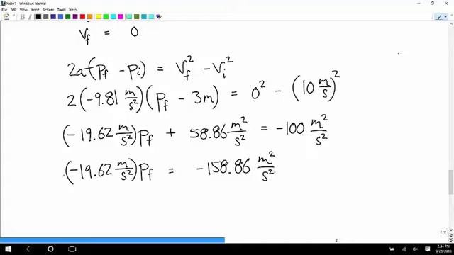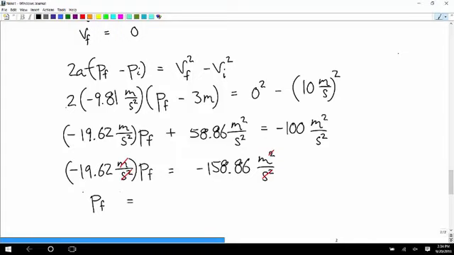And now divide both sides by negative 19.62 meters per second squared. You can cancel the units first, makes it a little easier to deal with. 1 meter cancels 1 meter. Second squared cancels second squared. So position final is going to be a positive number.